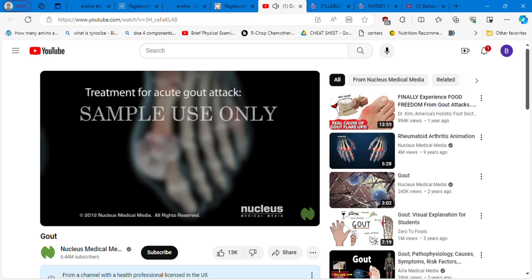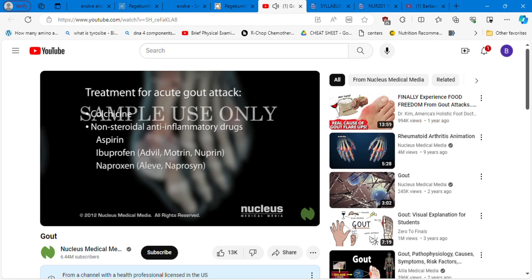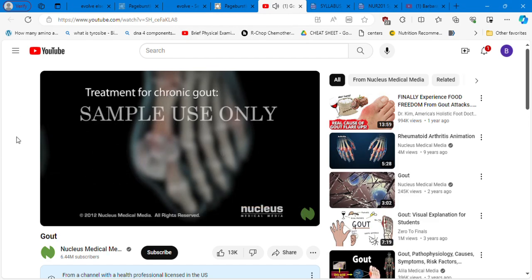Treatment for acute gout attacks includes colchicine to prevent or reduce joint inflammation, non-steroidal anti-inflammatory drugs to reduce pain and inflammation, including aspirin, ibuprofen, such as Advil, Motrin, and Nuprin, naproxen, such as Aleve and Naprosyn, and steroid drugs, such as prednisone. Treatment for chronic gout includes drugs that promote uric acid excretion and drugs that inhibit uric acid production by your body.